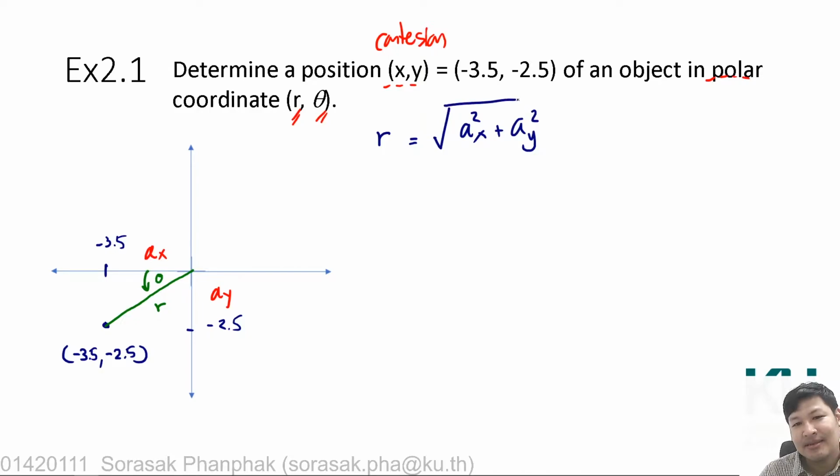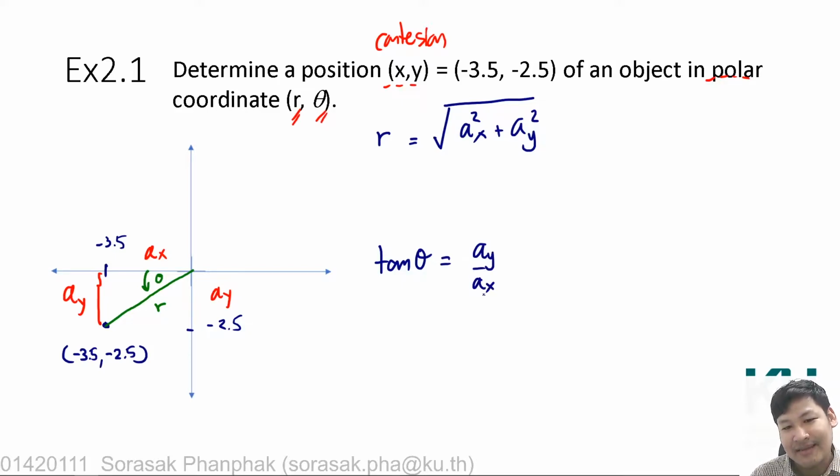Like this. And if you would like to find the angle, you can use the relation of tan theta, and you determine the ratio between the components, ay to ax, like this.